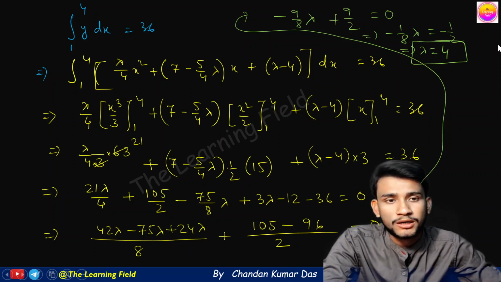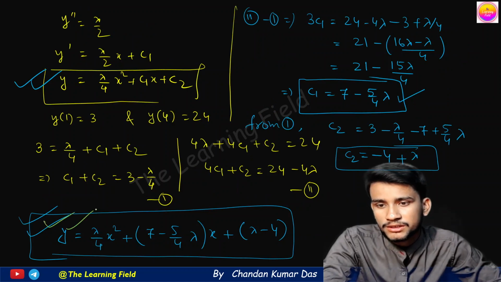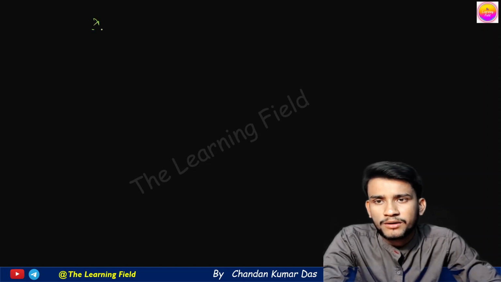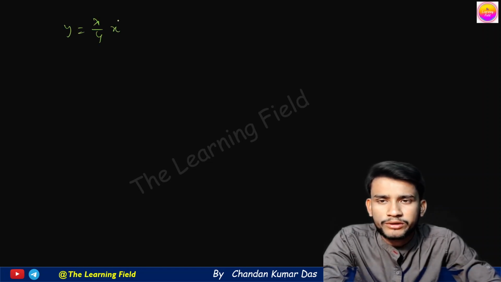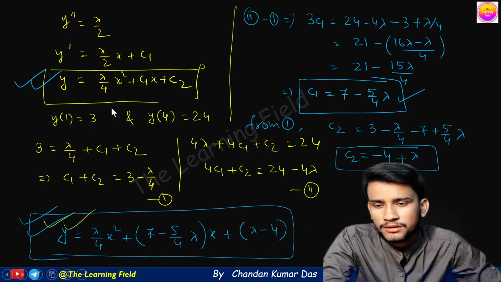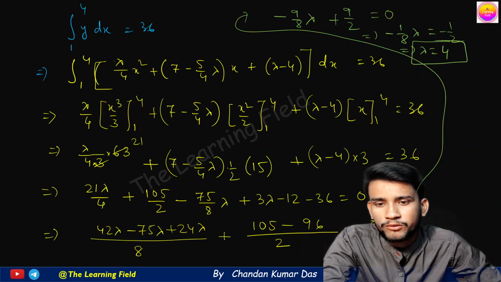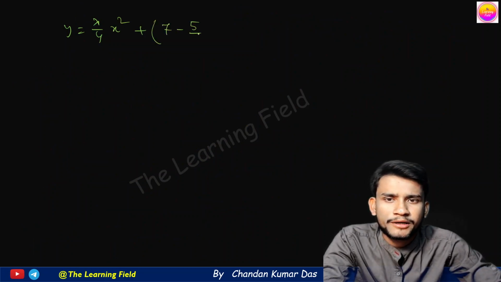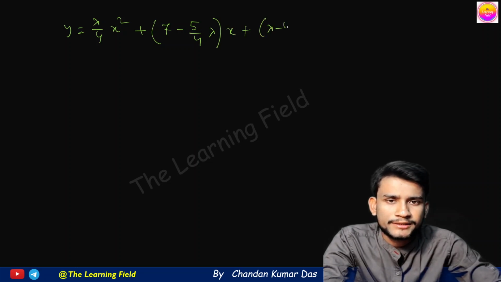Now we put this value of lambda into this equation. So lambda by 4 y equal to lambda by 4 x square plus 7 minus 5 by 4 lambda into x plus lambda minus 4.